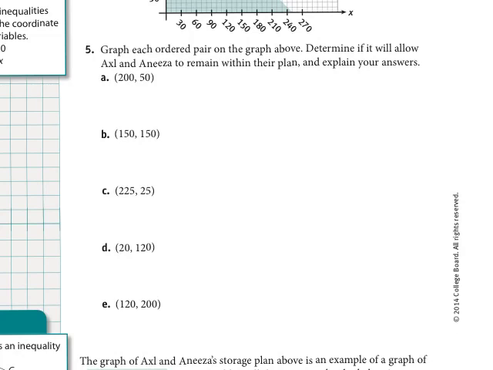In this case, since we were less than or equal to 250 on our inequality, we're allowed to use that borderline, so that one's a yes. What about 150, 150? That's a no, that's outside the shaded region. 225, 25? That one's on the borderline again, which is okay. 20 comma 120? That one's yes. What about 120 comma 200? No. That one's definitely out.